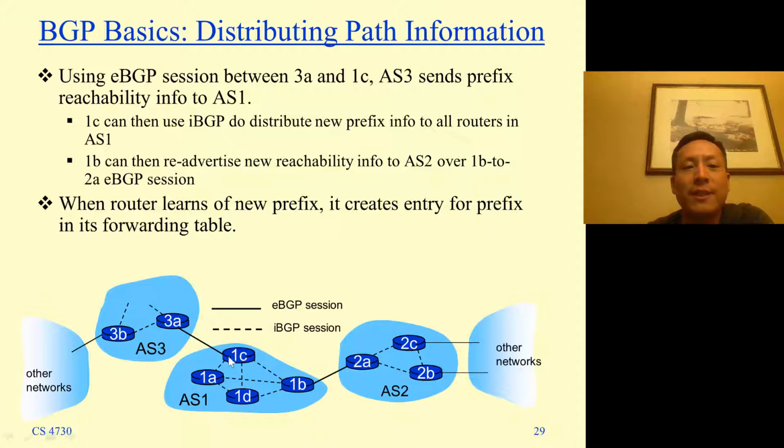So for example, for this 1C, it can use iBGP to distribute whatever new prefix information to all the routers inside the same autonomous system, right? And it uses eBGP to exchange information with the other autonomous systems that are peering with it, for example, 3A.